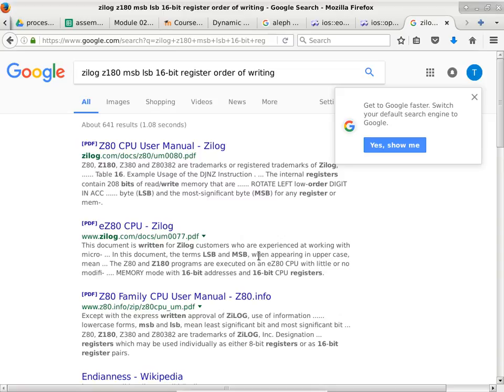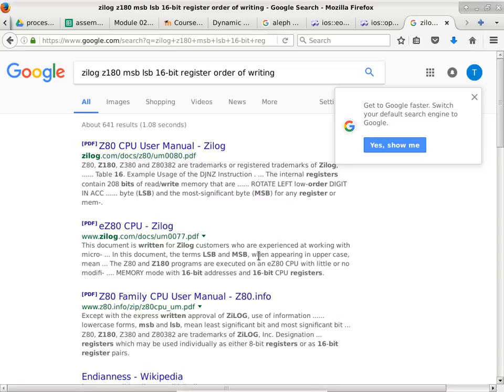Well, as it turns out, the hardware has a lock mechanism, but only in one direction. So if you change the least significant byte first, it will lock the use of the most significant byte, so it won't cause any problems. But the other way around may potentially cause a problem.